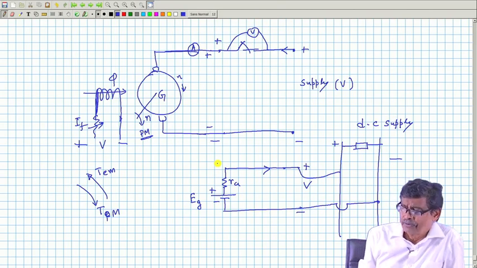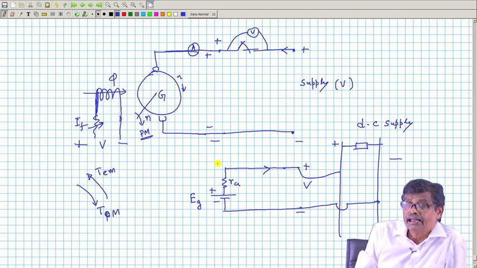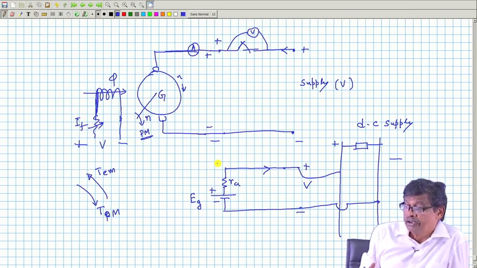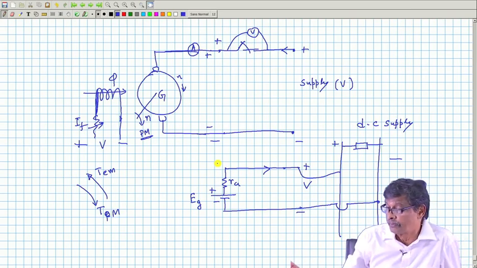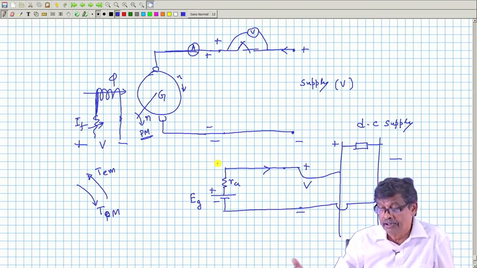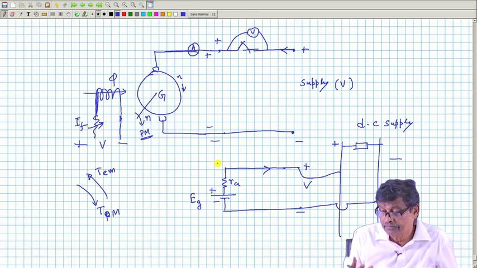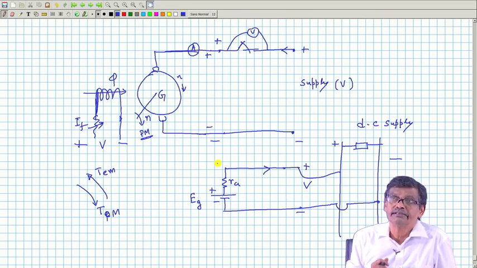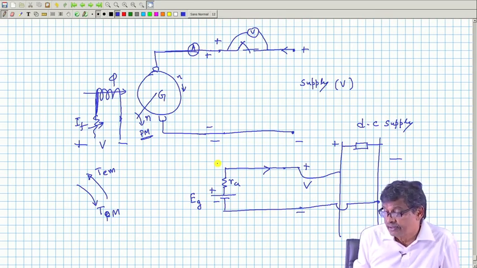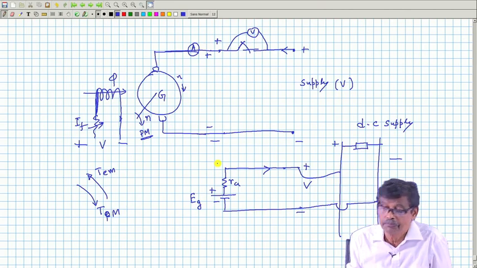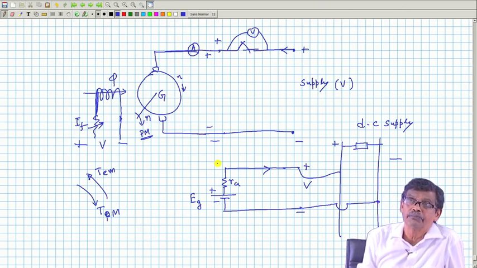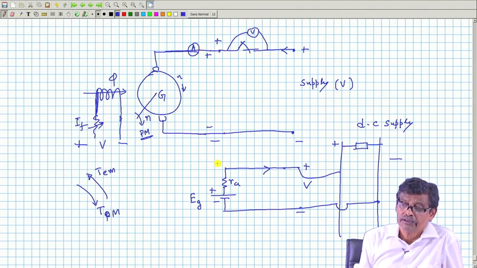So, I hope it will enhance your understanding of DC machines, particularly their operation when connected to a bus, another supply, whether running as a motor or generator. So that you can decide on your own, yes, under this condition it may supply power to the bus, under other conditions it will draw power from the bus, and so on. So, thank you.